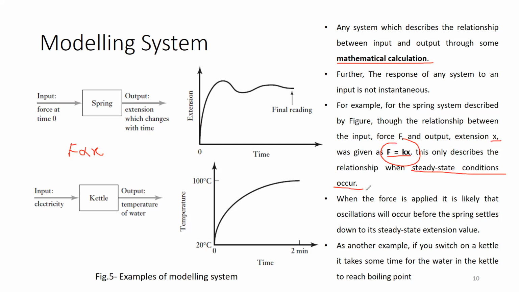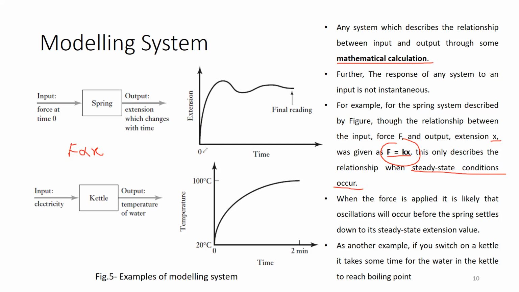But before achieving those steady state conditions, there is always an unsteady state which is going on. Like in this example, if you are giving some force to the spring, some extension is occurring. But that extension will only become stable after a given time.